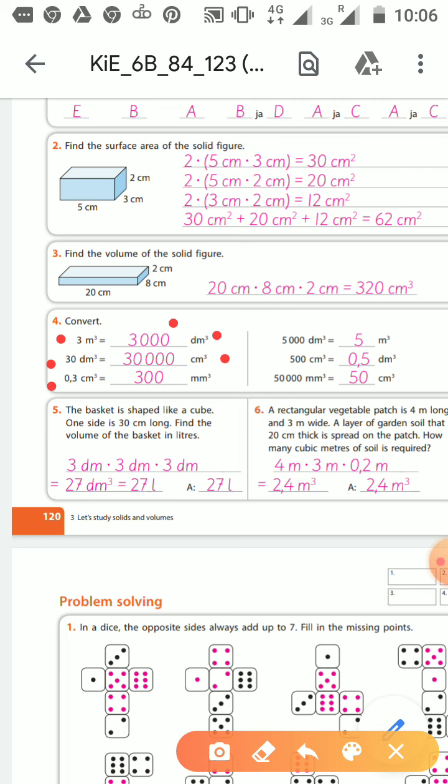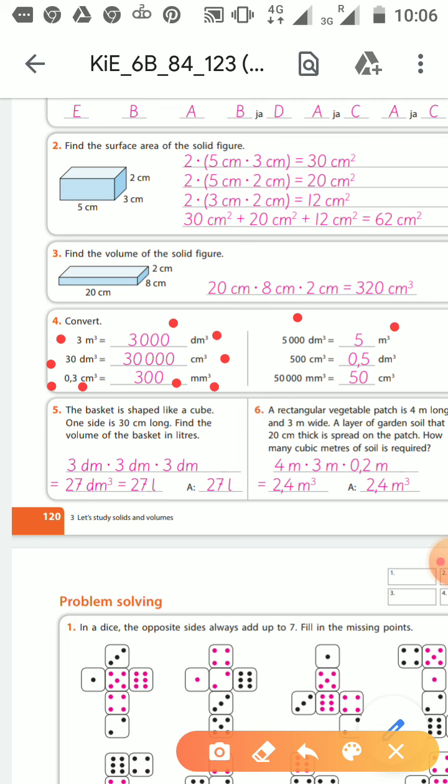Then you've got centimeters to millimeters. Now, this is a decimal point. So another clever way when we times by 1,000 is to move the decimal point 3 places to the right. If you jump over 3 times to the right, 0.3 becomes 300 millimeters cubed. This is going the other way, from smaller measurements to bigger measurements.